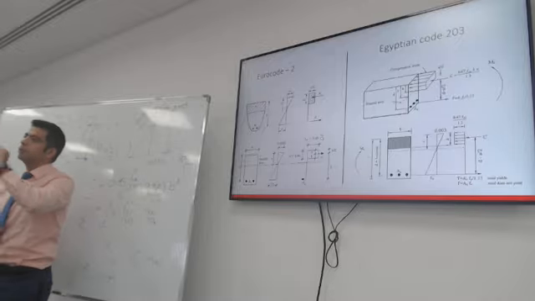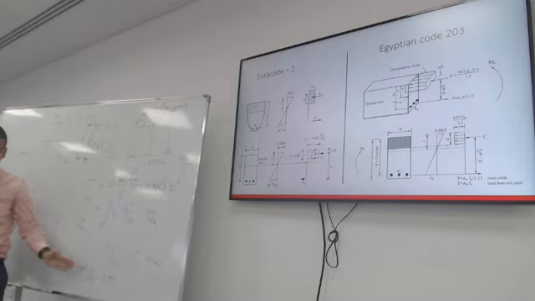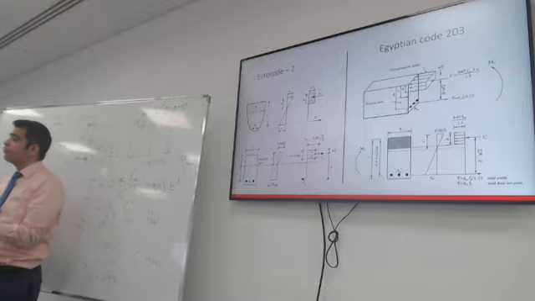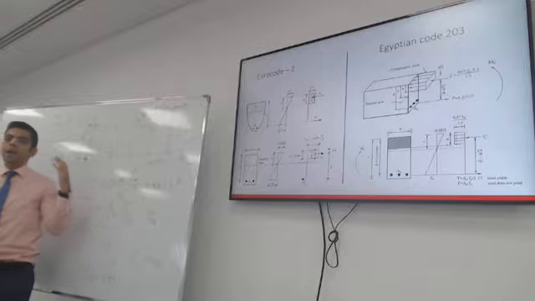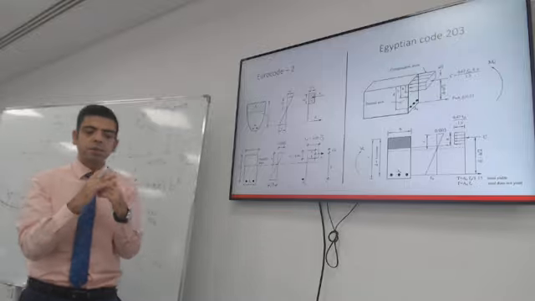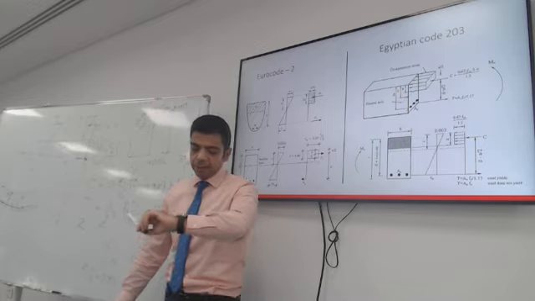To avoid compression failure. If you exceed this, the section will be called over-reinforced. That means you have too much steel for the depth. The steel will not yield, and the section will fail in compression. So you always want to respect this.